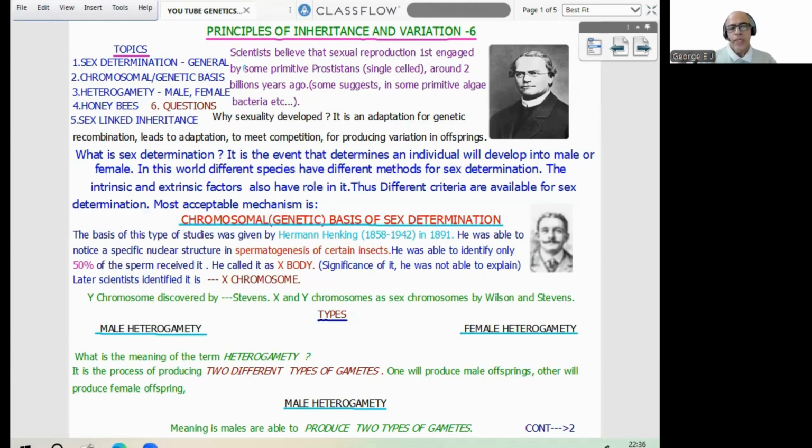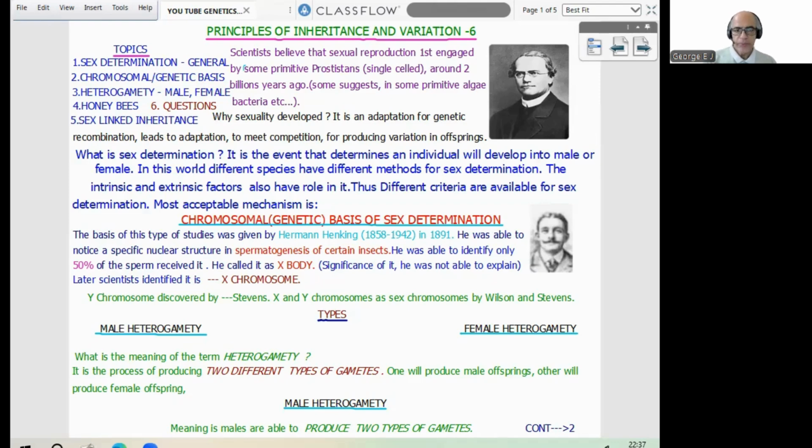When we discuss principles of inheritance and variation, sixth part, it deals with sex determination. When did sexual reproduction first appear?